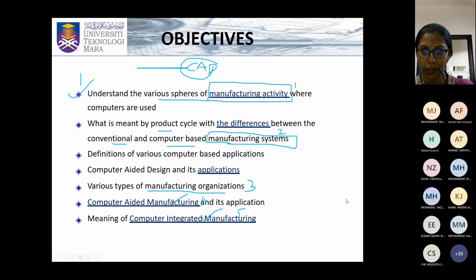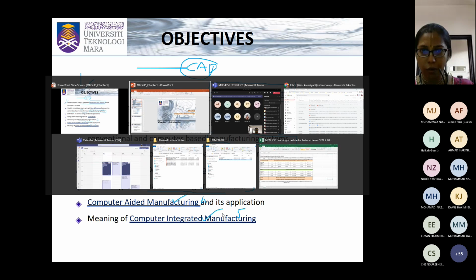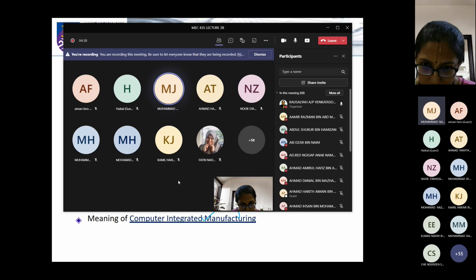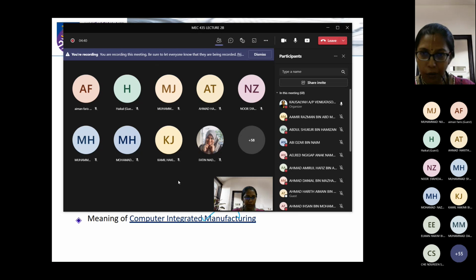You see over here, we have so many manufacturing activities. So why are we speaking about manufacturing here? We want to learn about CAD. Because it is somehow related. What is the relation? Before we manufacture something, we have to design it using CAD. Correct. Before we manufacture something, we need to design.